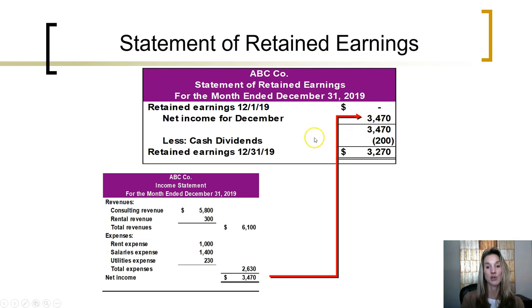Then in the general ledger, we will see that the balance in the dividend account reflects $200 of dividends paid. As profits are used to pay dividends, retained earnings goes down. So we will show that as a decrease to retained earnings, resulting in an ending retained earning balance at the end of the period of $3,270.